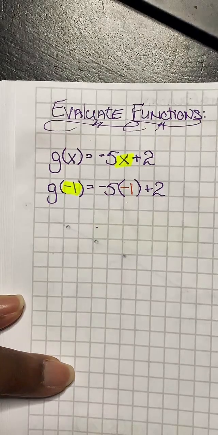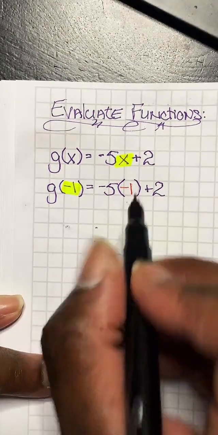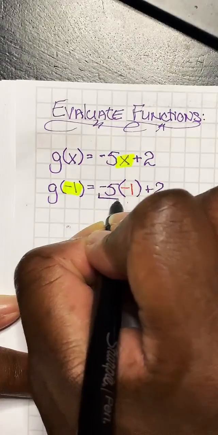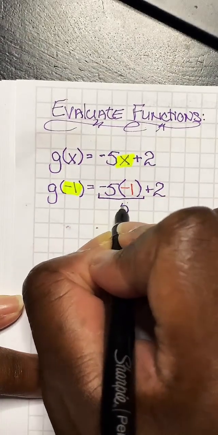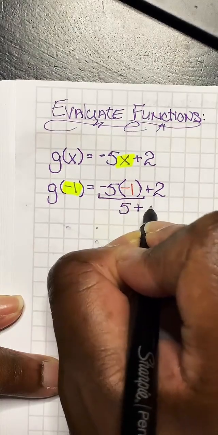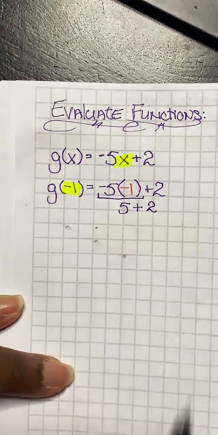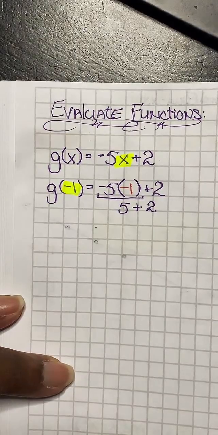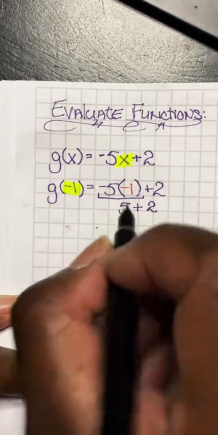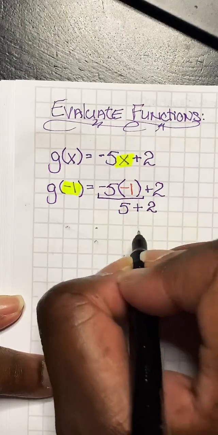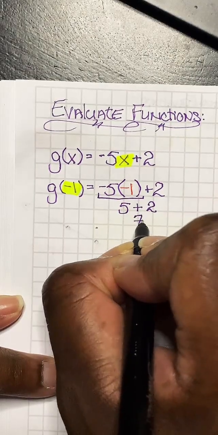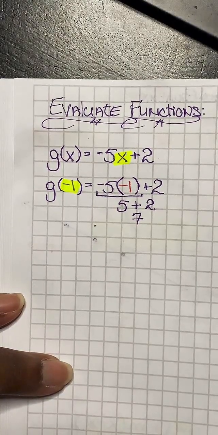So now we have -5 times -1. Negative times a negative gives me a positive. So we have a +5 plus 2. So 5 plus 2, just like unknown mentioned, is a 7.